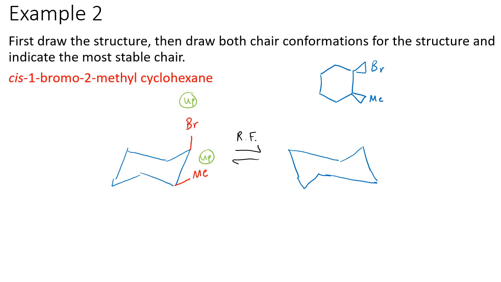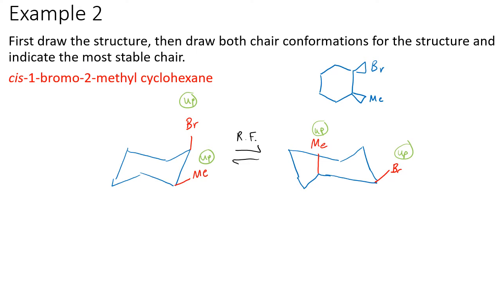And it was axial, so now it's going to be equatorial, but it will still be pointed up. So here's where bromo is now in the equatorial position. At position number 2, we're going to put our methyl group, but it was equatorial, so now it's going to become axial. So our methyl group will be pointed up. So the ring flip didn't change that. They're both pointed up still, but now they've switched positions. Axial became equatorial and equatorial became axial.